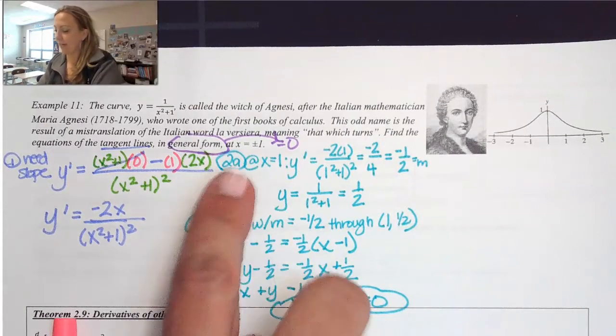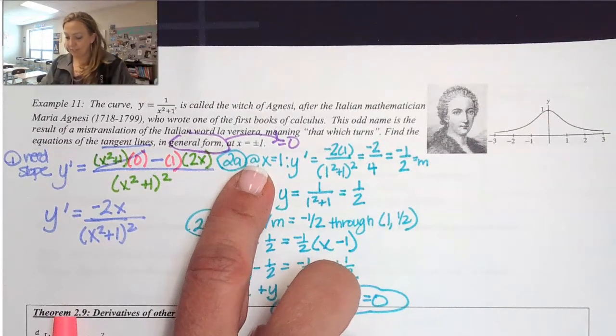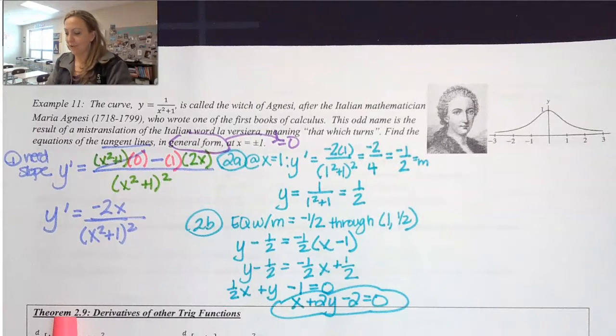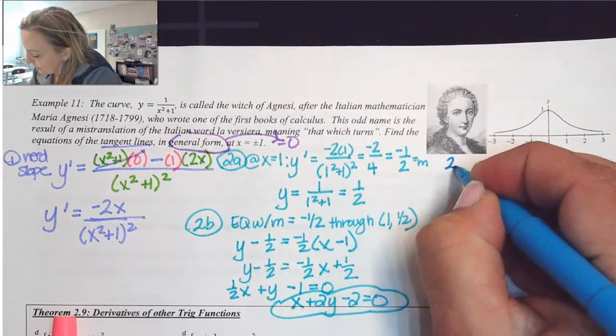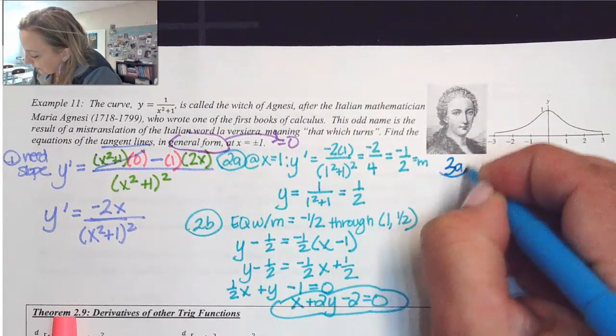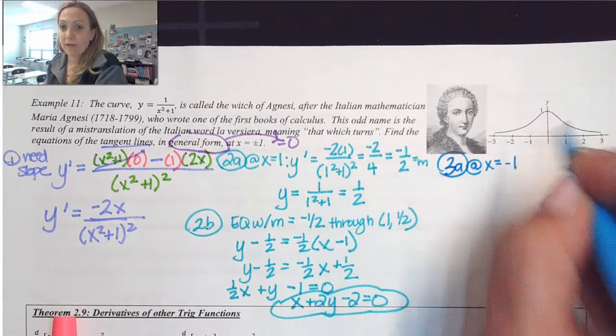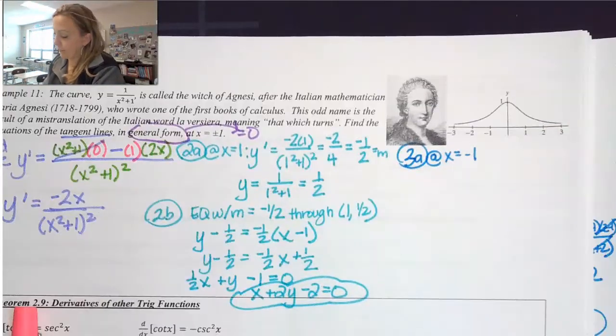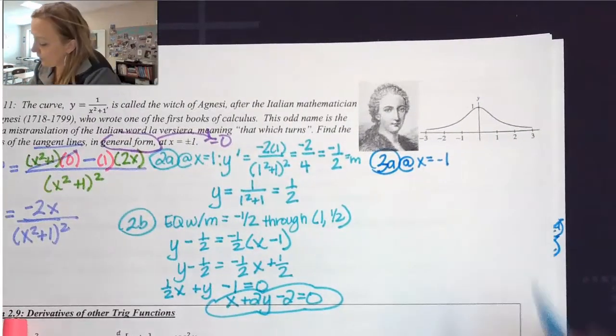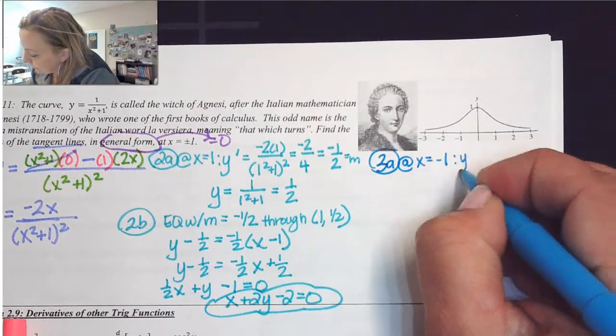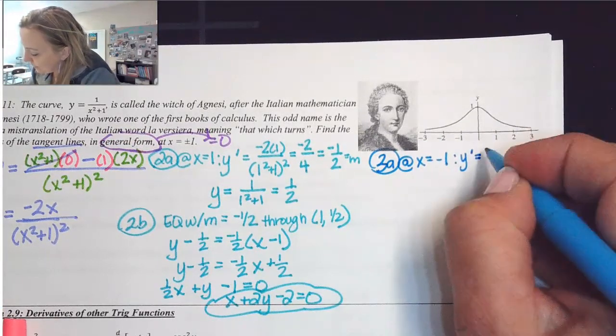Now we did that for x equals 1. Note it's also asking for us to do that when x is negative 1. So that's what we do here. What's going to happen at x equals negative 1? We follow the same steps. We need our slope, which means we need the value of y prime at negative 1.